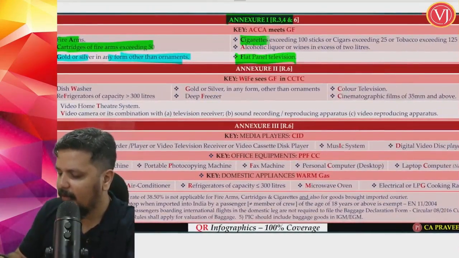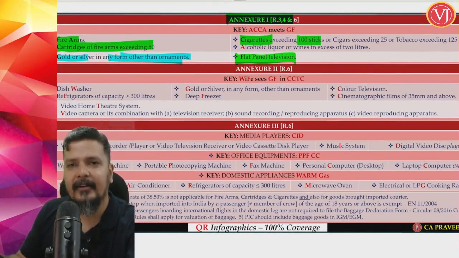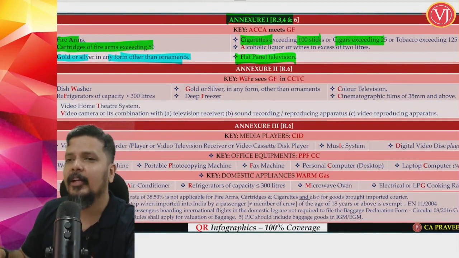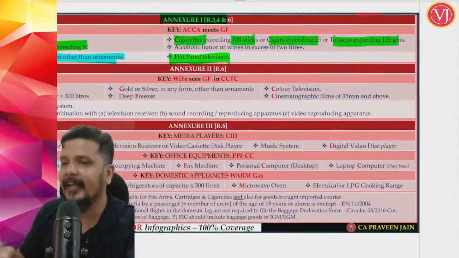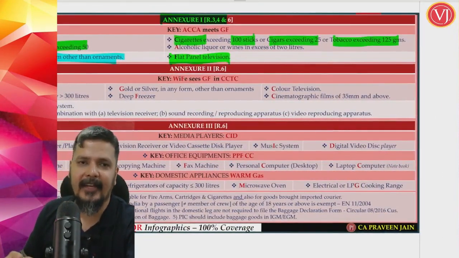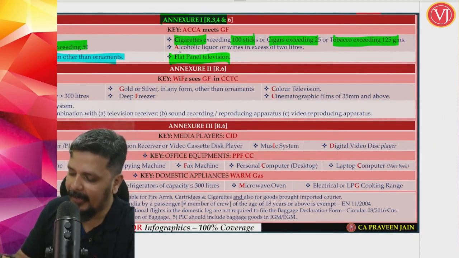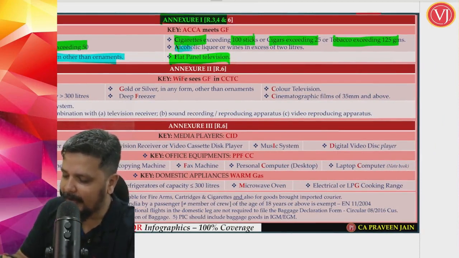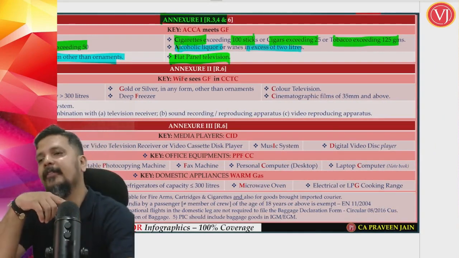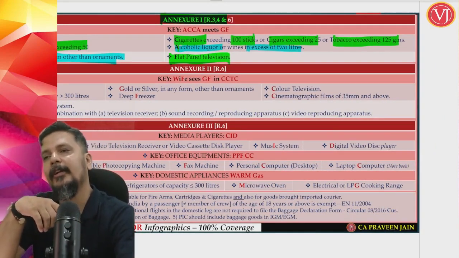Cigarettes exceeding 100. Cigars more than 25, or tobacco exceeding 125 grams. And alcoholic liquor or wine in excess of 2 liters. They give a limit.